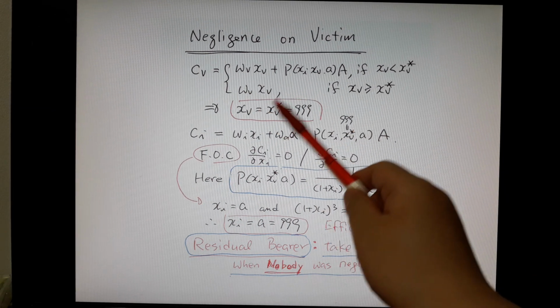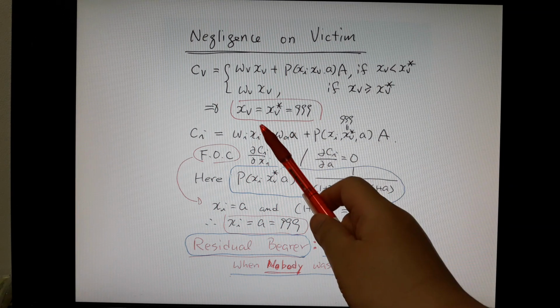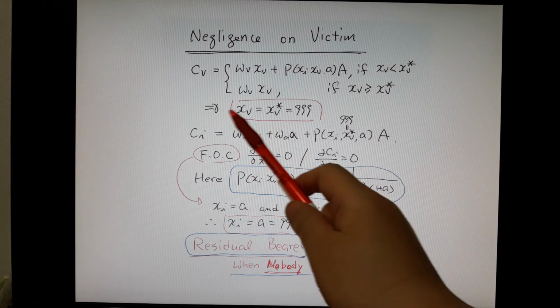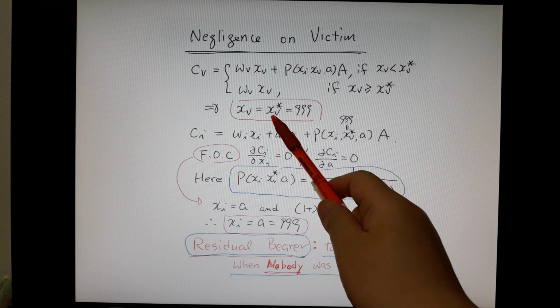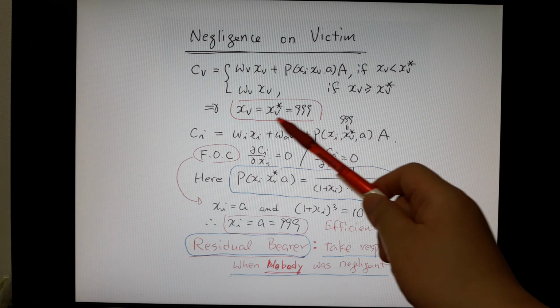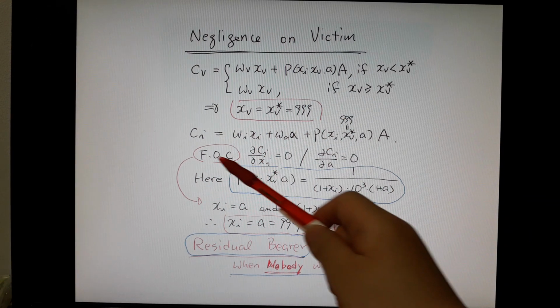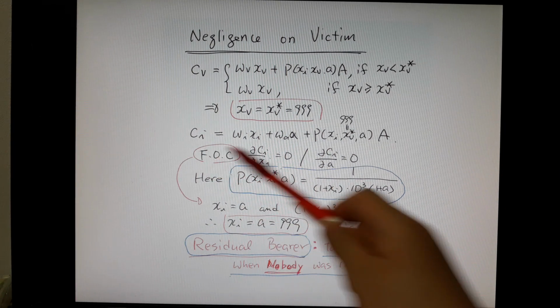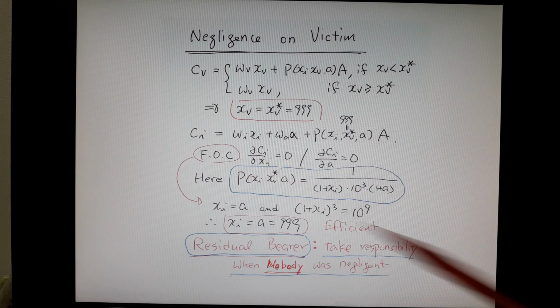So only the cost of being careful would be the cost of the victim. So obviously, the victim would set its precaution level XV at the optimal XV star 999. Given that, if there is any accident, that would be the cost of the injurer.